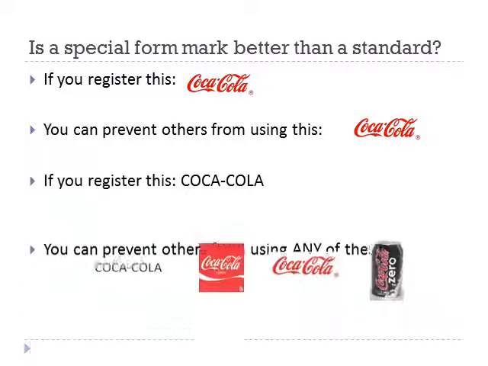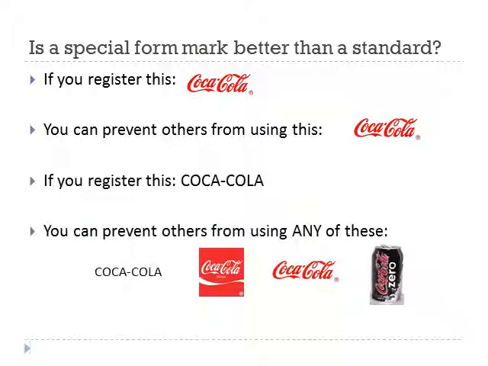However, if you were to register the Coca-Cola words, you could prevent others from using any of these versions of the word Coca-Cola, no matter whether they're red or blue or green or yellow, whether it's on a black background or a white background or a red background, or just written out. So you get much broader protection if you use word marks, standard character marks, I should say.